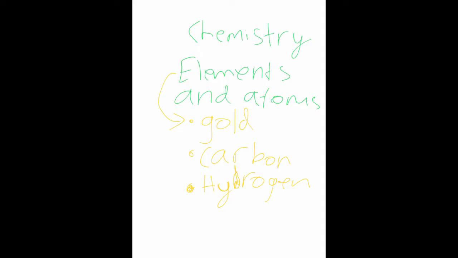And now let's take a list of what are not elements. Things that are not elements, maybe like water. You might wonder, why isn't water an element? Because water is made when two molecules react to each other. You might have heard that water is H2O.